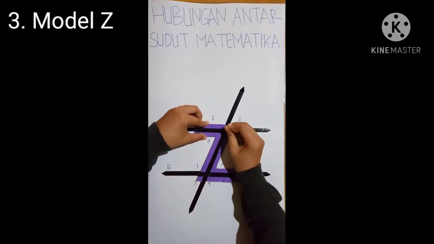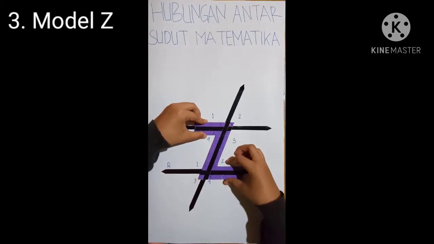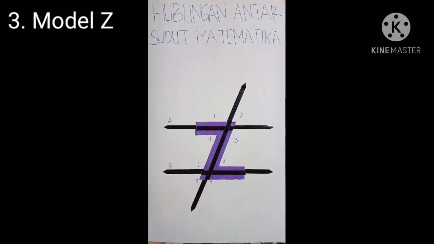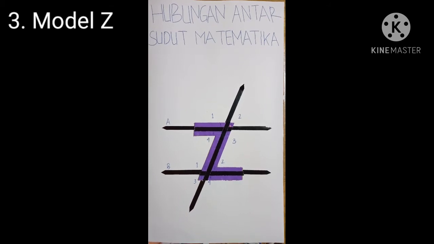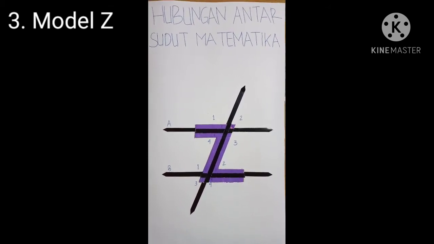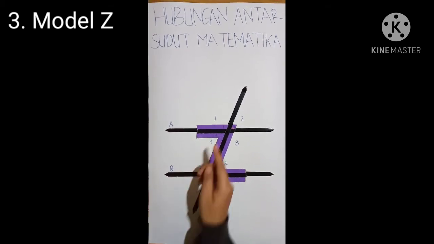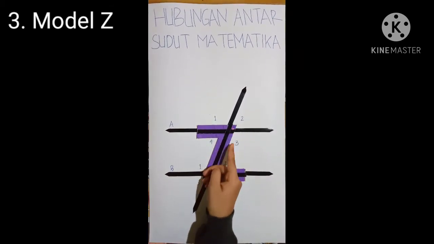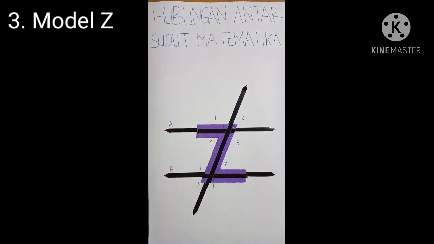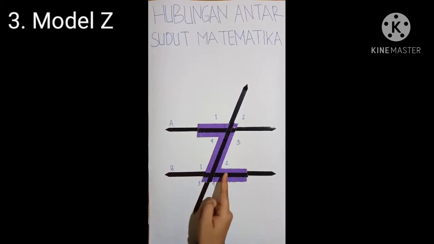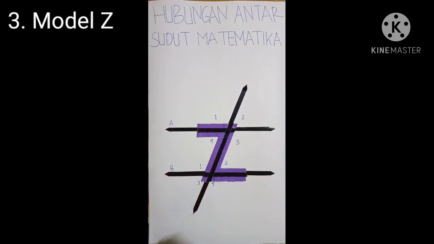Place the model so that the line on the model and the Huban-Suka board overlap. Pay attention to the names of the angles on the Z model board: angles A1, A2, A3, and A4, angles B1, B2, B3, and B4.